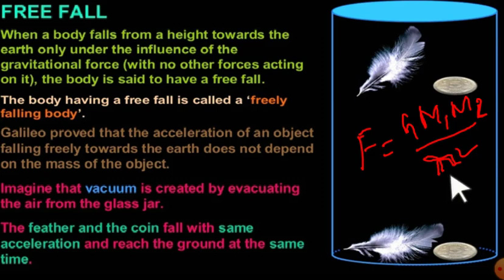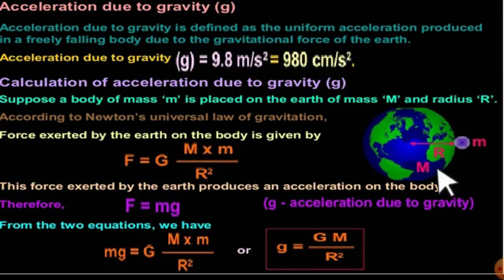Got it? Now let's see how to find that value. I will try to find it here by using this formula, and the value is 9.8 meter per second squared on the surface of the earth and near the surface of the earth.